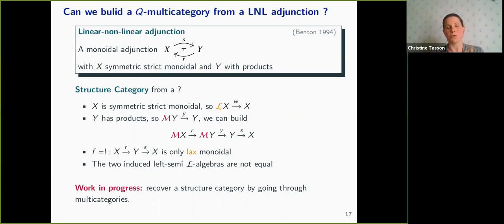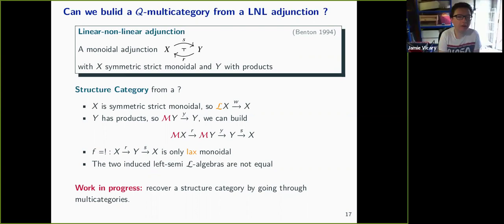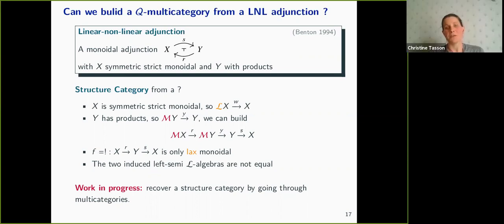So we moved to the multi-categorical setting because we were interested in describing this substitution. Okay. So what I'm saying is you have too many morphisms if you are using the categorical axiomatization.